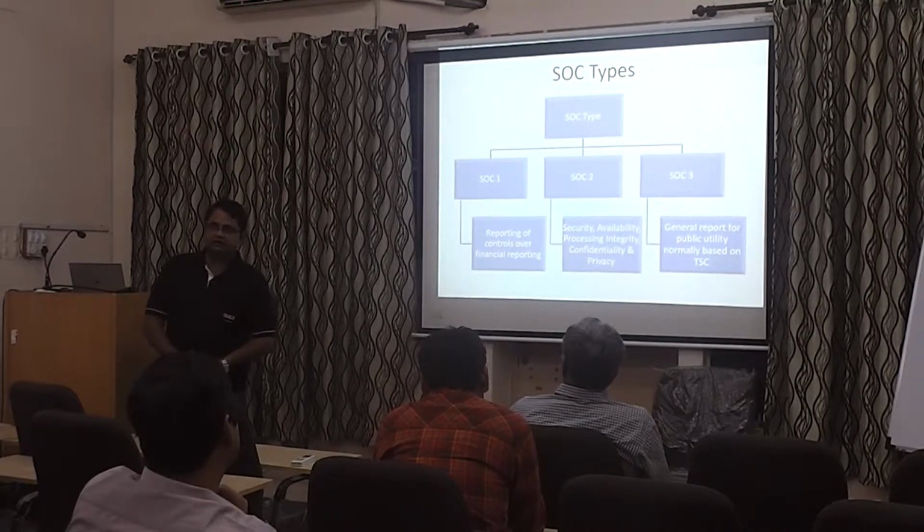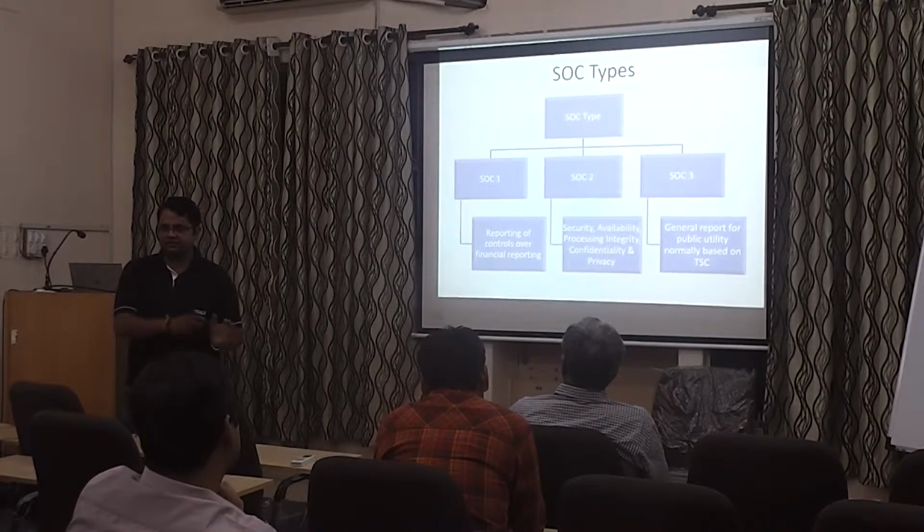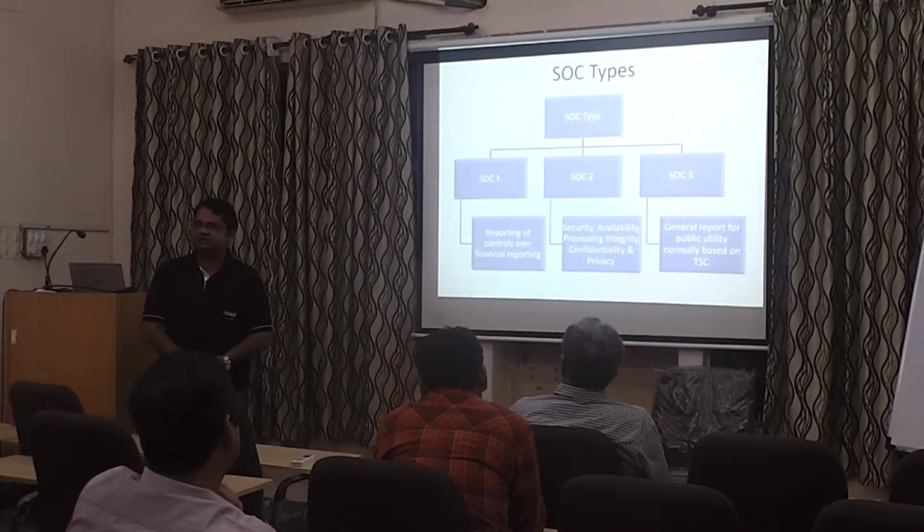The second part came into the picture in 2010, which is SOC 2, the basic premise of this session. In the case of SOC 2, earlier SAS 70 talked only about financial reporting. But there are a lot of other processes which are being outsourced. You might outsource your QA, some of your data entry, or some of your processes to another organization which might not be related to financial processes.